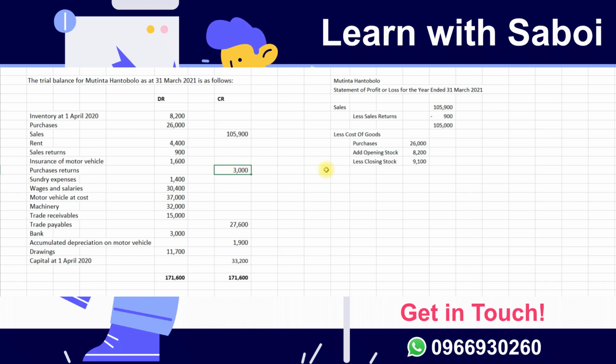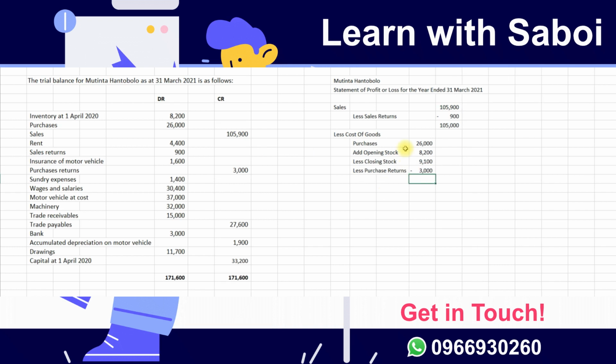It therefore means that looking at these purchases, we subtract 3,000. And so you can just write here, less purchase returns, which is how much? 3,000. Purchase returns, 3,000.